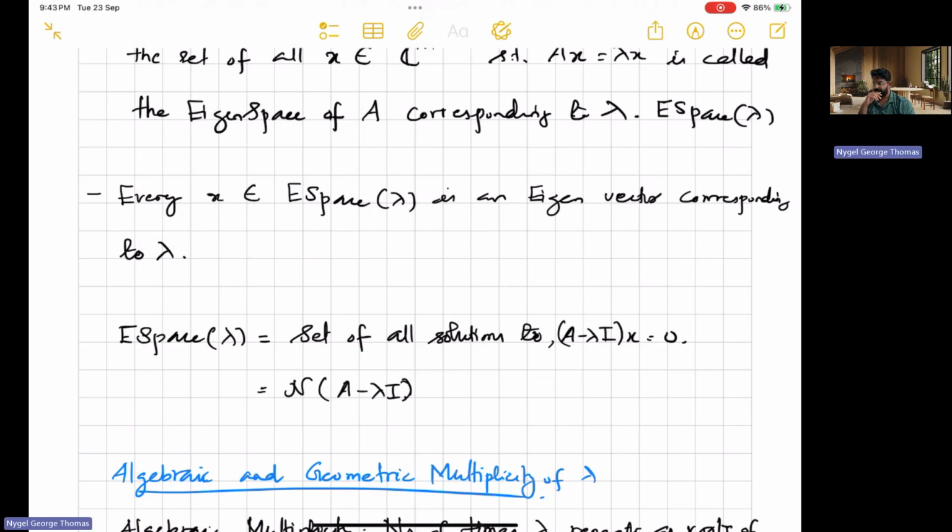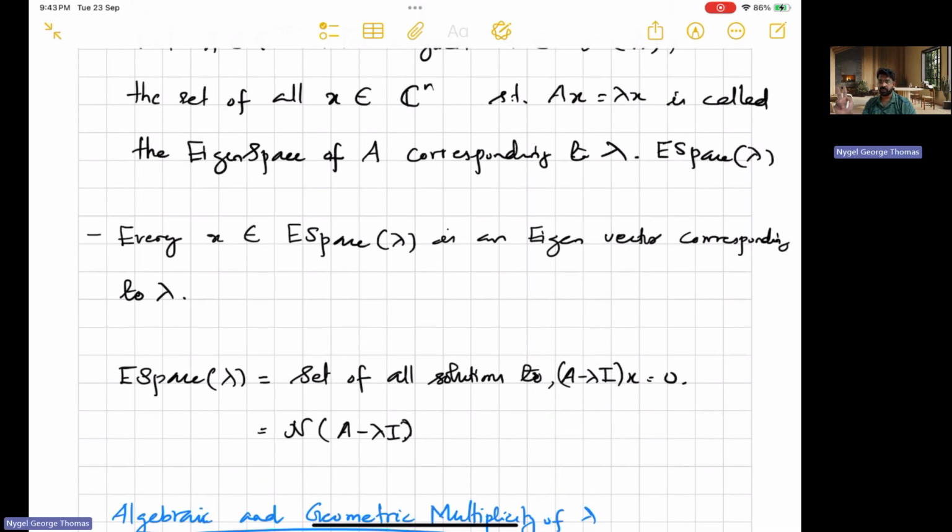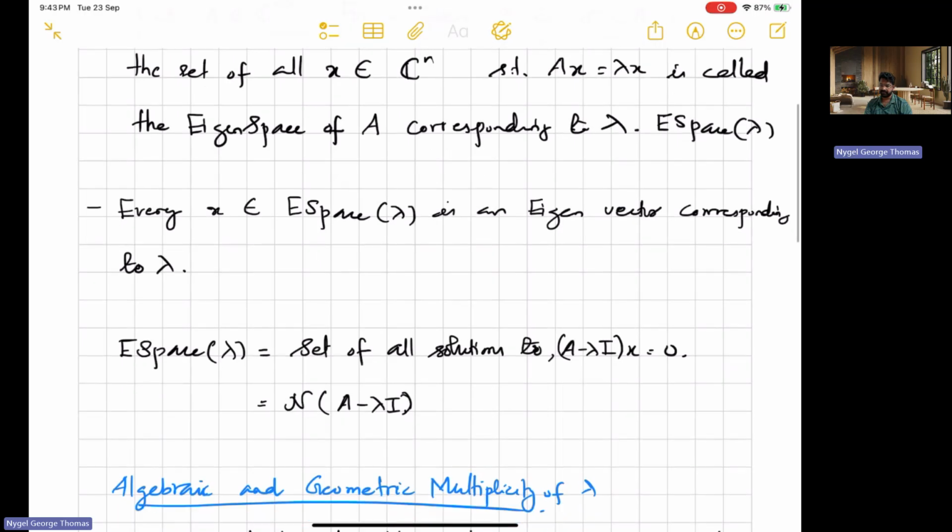I hope so. There are two definitions which I've already told. One is the set of all x's belonging to C n which satisfy the equation A x is equal to lambda x. Another way to say that is it is the null space of A minus lambda I, the eigenspace of lambda.